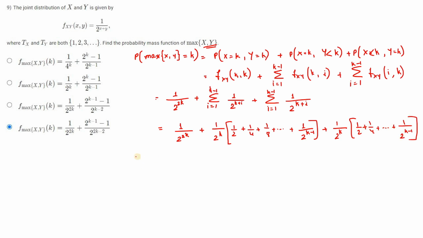Now this will be equal to 1 over 2 to the power of 2k plus, so these are the same thing, I'll add these two terms here, so I'll get 2 divided by 2 to the power of k, and I'll take 1 by 2 as common, so what is remaining now, 1 plus 1 by 2 plus 1 by 4 and so on up to 1 over 2 to the power of k minus 2, right?